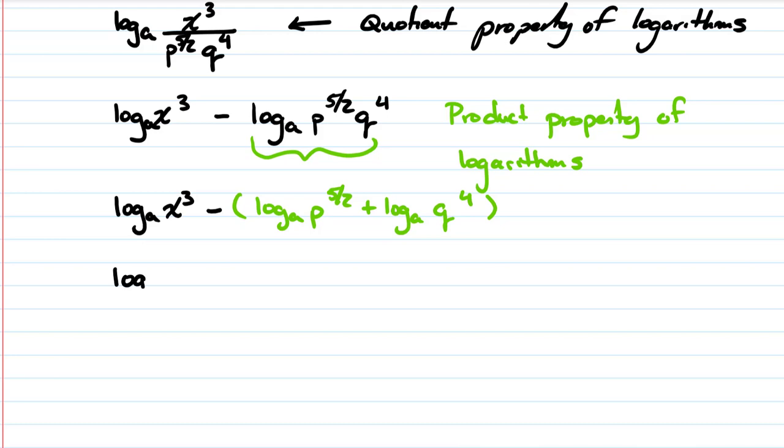Distributing into our parentheses, we get logarithm base a of x cubed minus the logarithm base a of p to the 5/2 minus the logarithm base a of q to the 4th power.